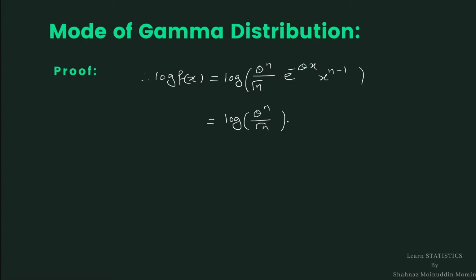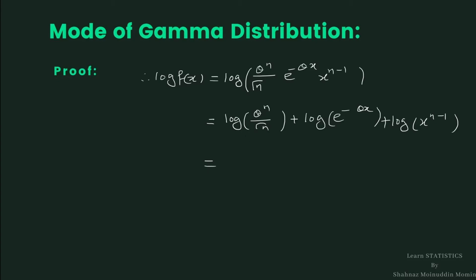Here we are taking the natural logarithm. So, log e raised to minus theta x plus log x raised to n minus 1.